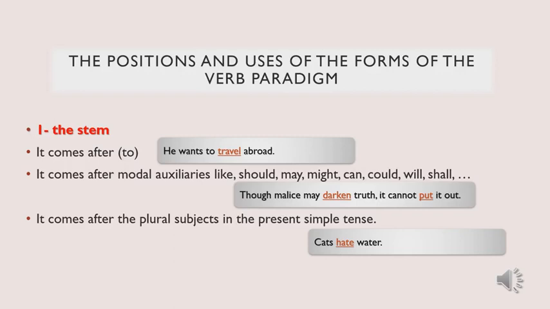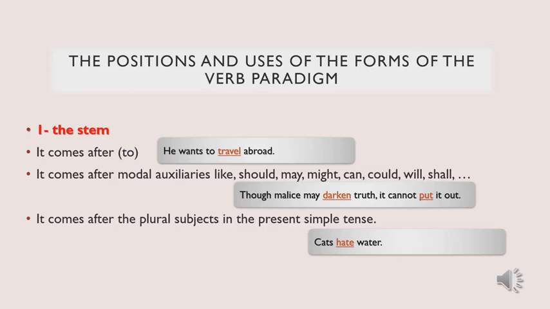Now it's time to talk about the positions and uses of the forms in the verb paradigm. We have five forms. The first form is the stem. The stem is the form of the verb without any inflectional affixes. We can find the stem in three positions in English sentences. The first position is that it comes after to.